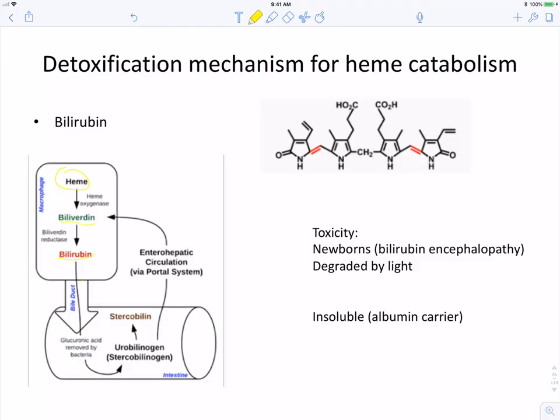Bilirubin is excreted in bile, and that goes into the GI tract, and basically is eliminated through the intestine. However, one of the intermediates can be reabsorbed by the portal circulation and then end up back in this tract, in which it gets destroyed.